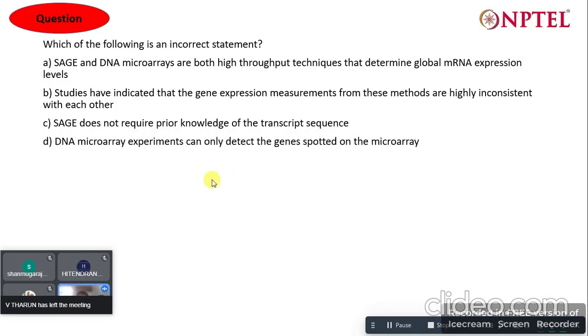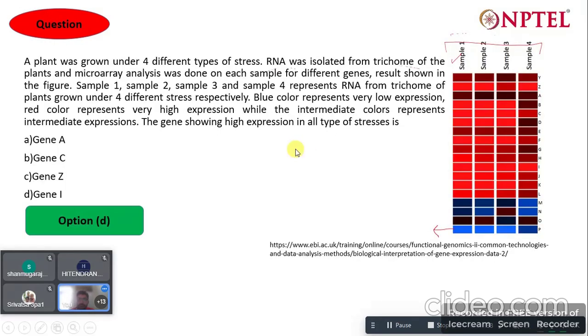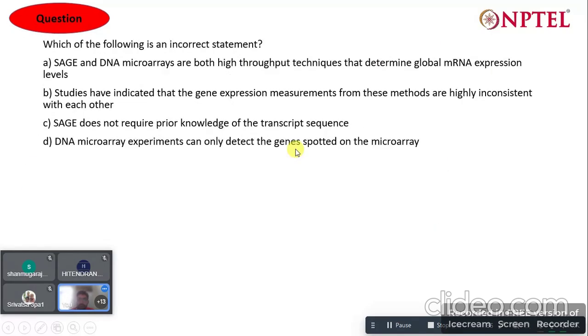Okay, any more answers? So, moving forward, the correct answer is option B. So, basically, first we'll understand what is SAGE.